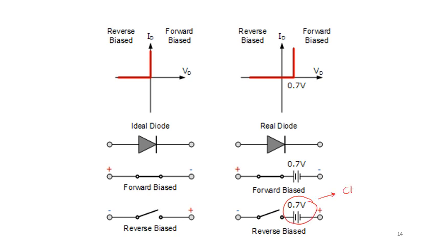This is something that I need you all to remember for when we are going to study clippers, because when we are studying clippers using diode, we are going to do it both using an ideal diode and a practical diode. So when practical diode comes into the question, this 0.7 volts for silicon or 0.3 volts for germanium will be included. This is all that you need to know for the basic functioning of a diode.